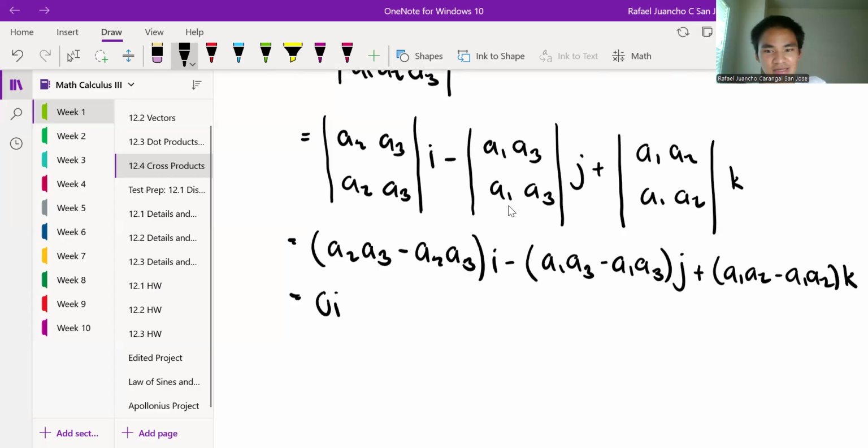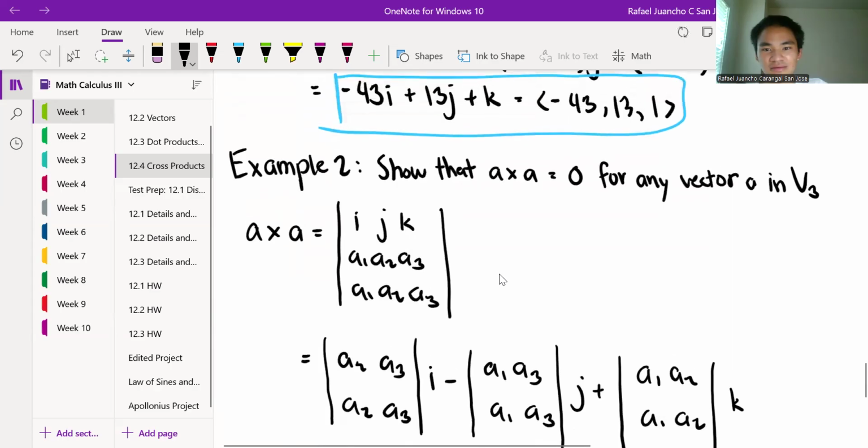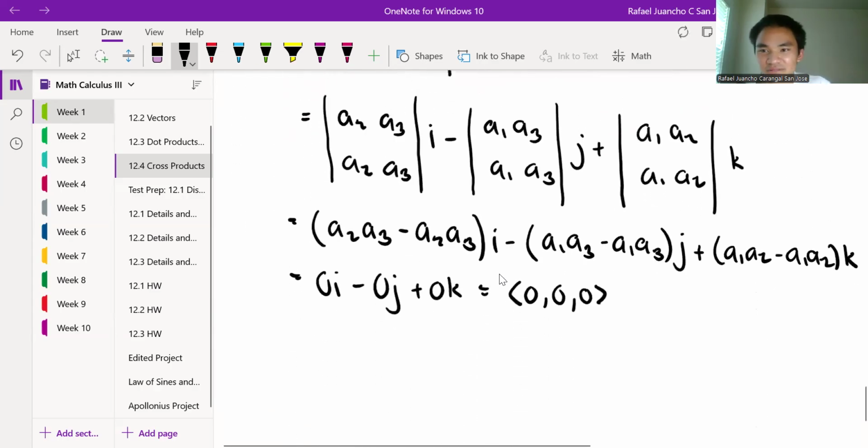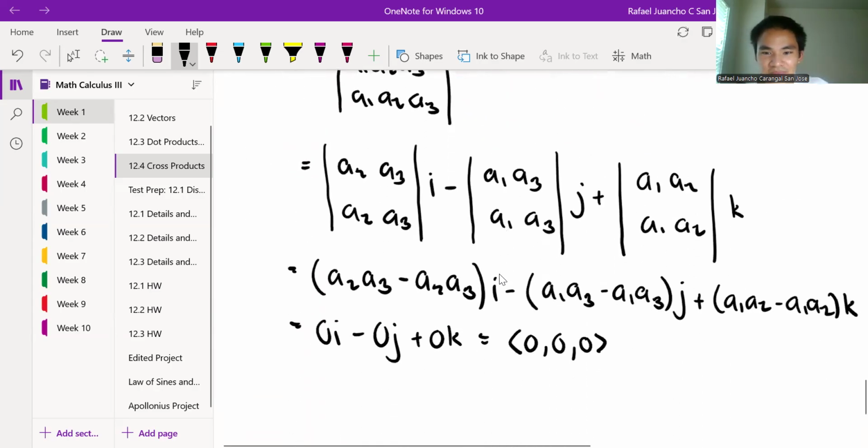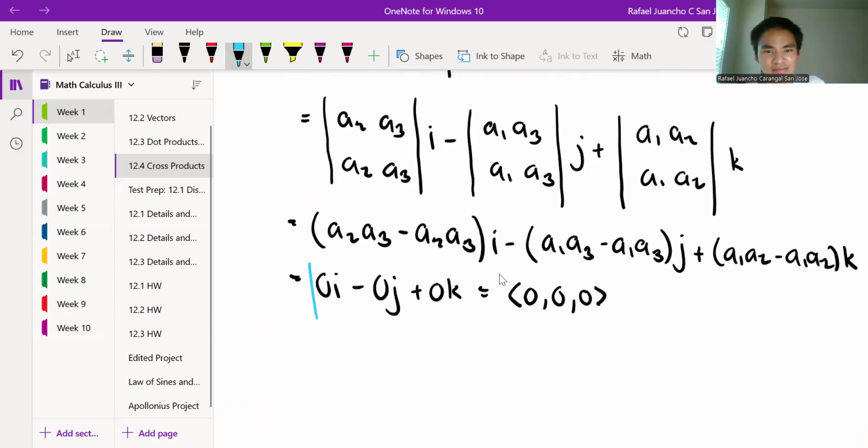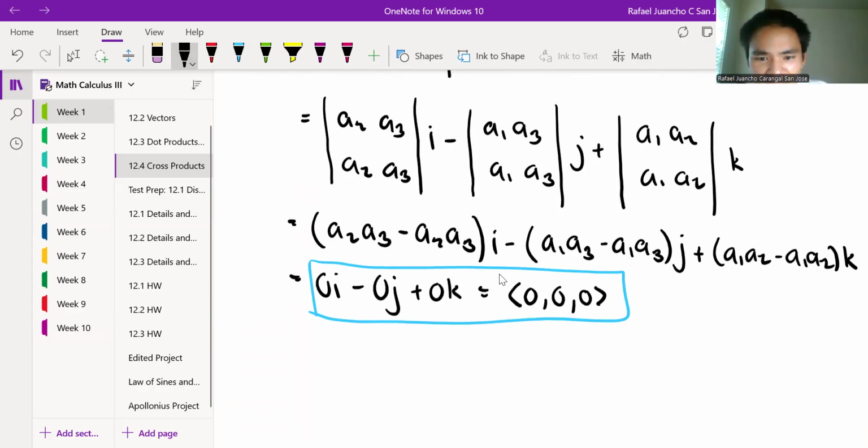This is 0I minus 0J plus 0K. 0, 0, 0. That's their vector. Simple enough, right? All right, moving on.